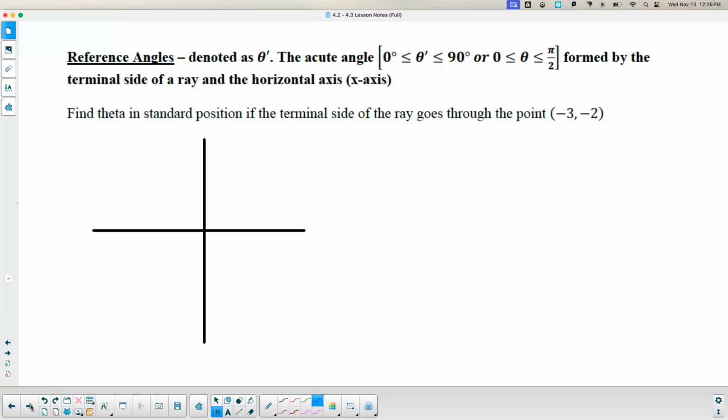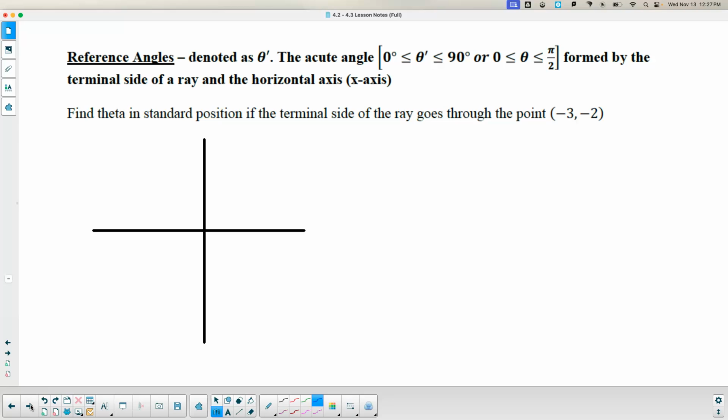Because we have an unlimited amount of angle measures for each of the angles that we could possibly have, we need some kind of a system to identify them. And so what we have here is reference angles.